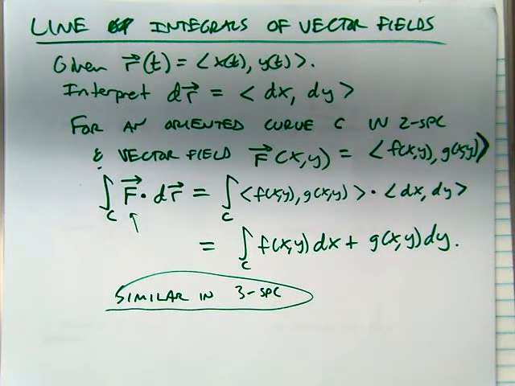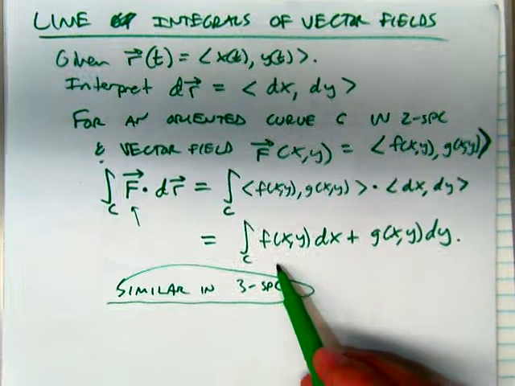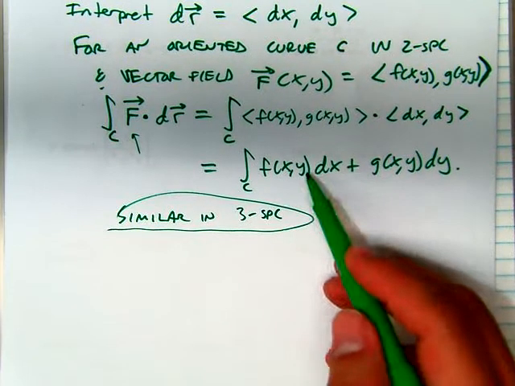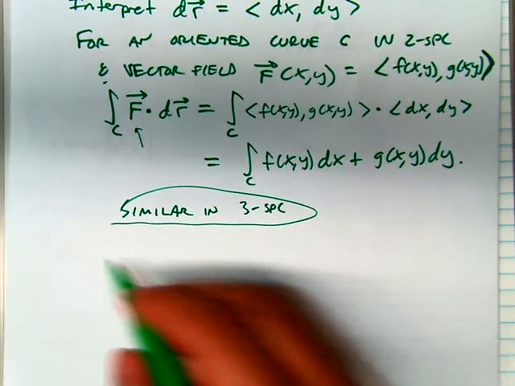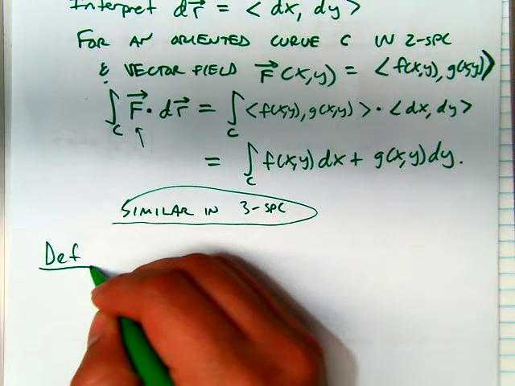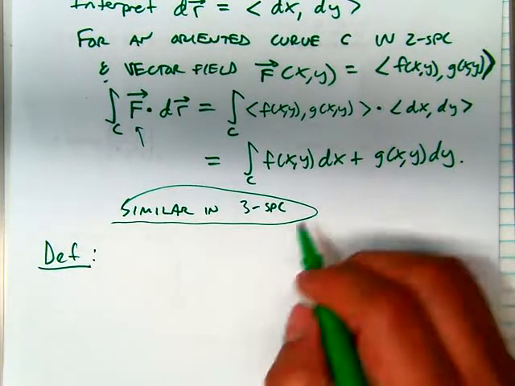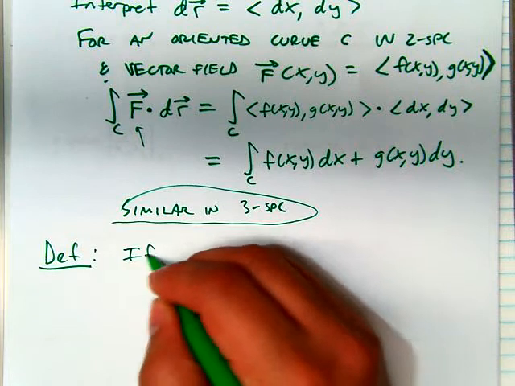Okay, now we'll talk more about how to evaluate this when it's in terms of x and y. We're going to go ahead and go straight to what we've been dealing with, which is when we have a parameterization. So let's have this definition.